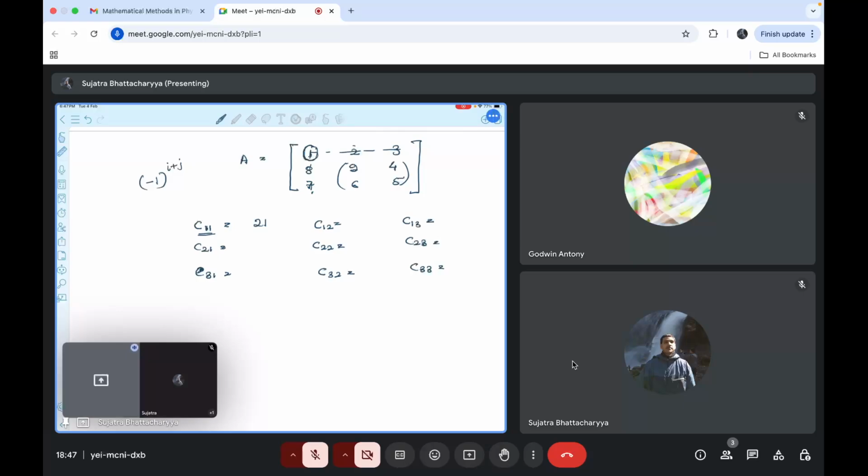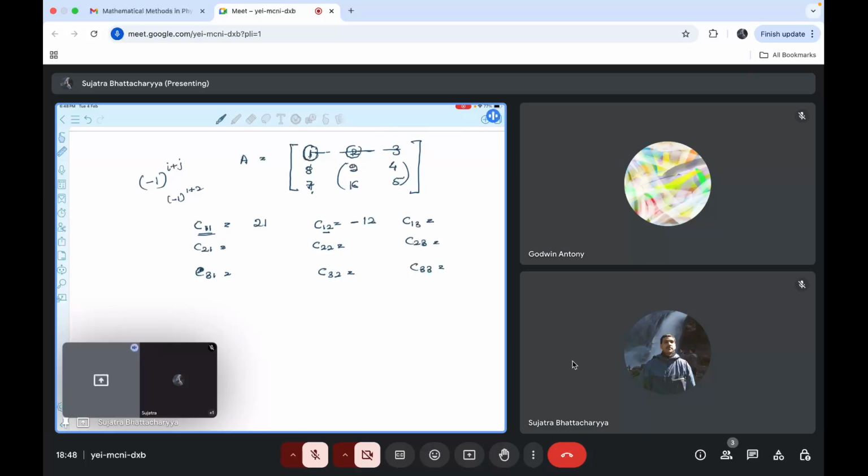So minus 1 squared is 1, positive. What about 1, 2, this element? Again, leave this row, leave this column. So it will be 8, 7, 4, 5. Take the determinant: 40 minus 28, which is 12. Check the sign: minus 1 to the power 1 plus 2, because i is 1, j is 2. An odd power of minus 1 is negative, so it will be minus.